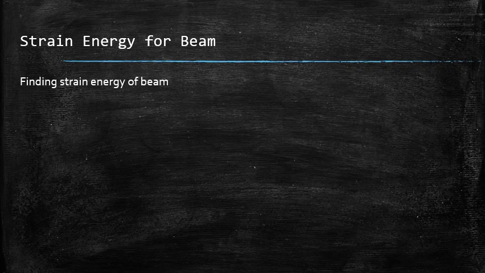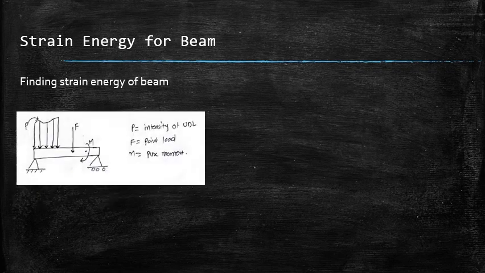Let us find out strain energy absorbed by a beam when it is loaded with external forces. The figure shows a beam which is subjected to UDL, a concentrated force, and a moment.